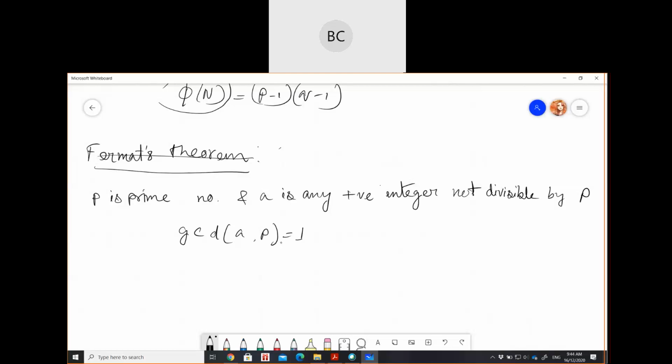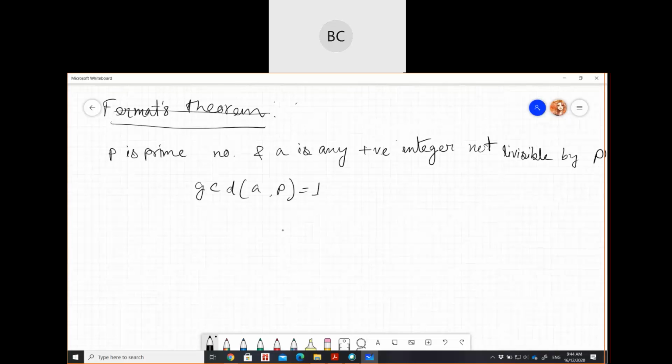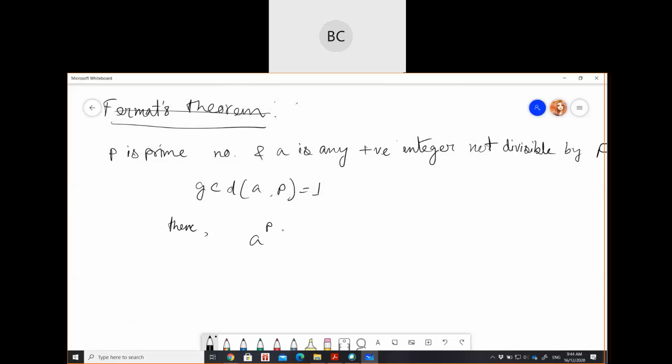In that case, Fermat theorem says a to the power p minus 1 is congruent to 1 mod p. That means it will be 1.